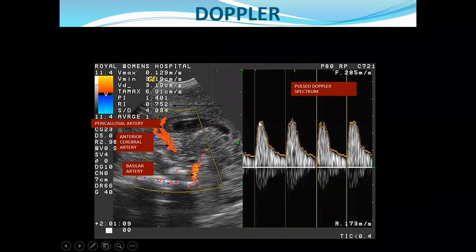If there is an insult, it means that there is loss of cerebral autoregulation. You expect this diastolic to rise because there is nothing anymore to regulate blood flow. It will give you a clue that there is an injury.